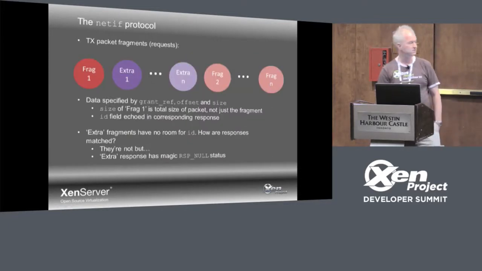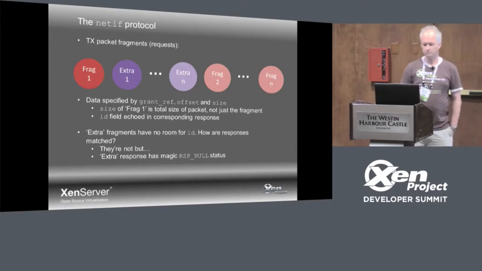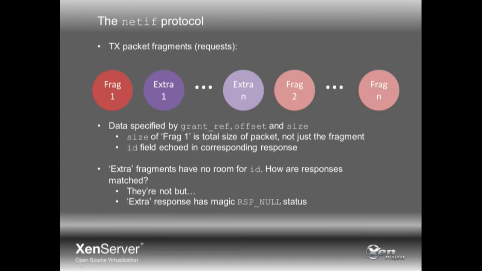So the packet structures are a bit odd. They have some quirks, which I'll hopefully explain a little bit here. So the general layout of a TX packet is as displayed there. It's a chain of fragments, as you might expect. But buried in the middle of the data fragments is this potentially list, at least, it could be just one, but it could be more than one extra fragments.